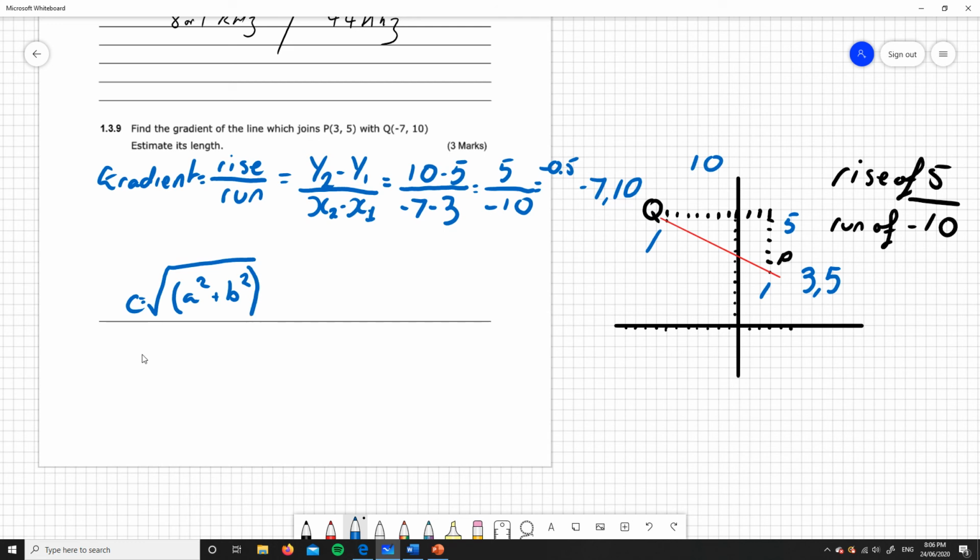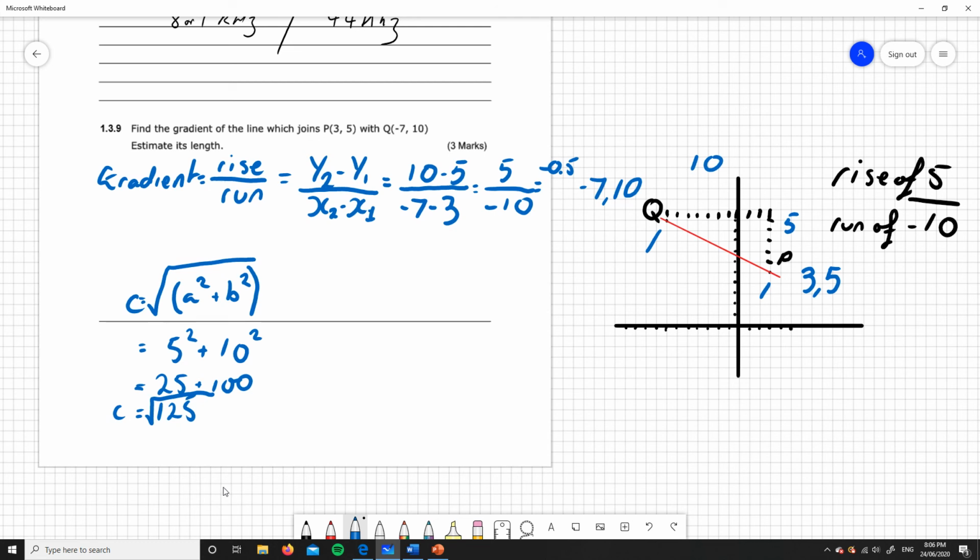From there, all I have to do is substitute my values. So 5 squared plus 10 squared equals 25 plus 100, leaves us at 125. So C equals the square root of 125.